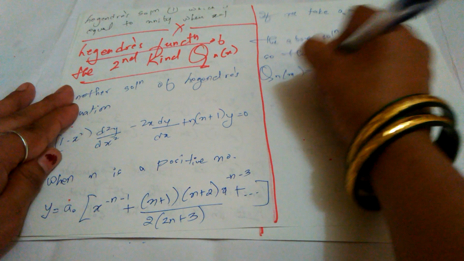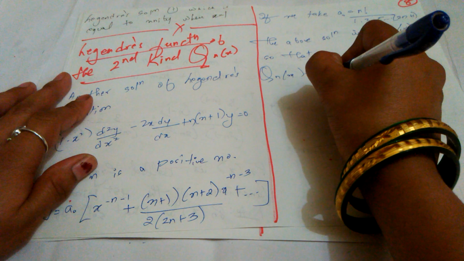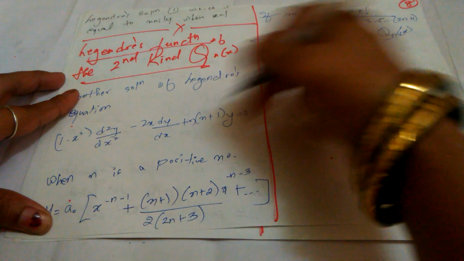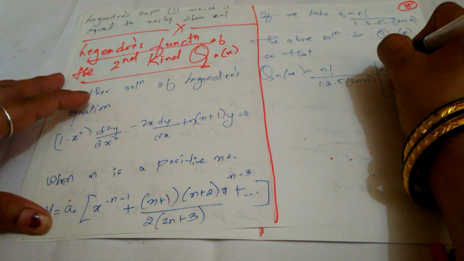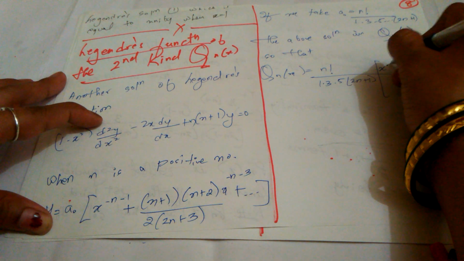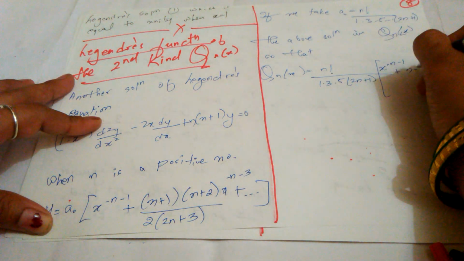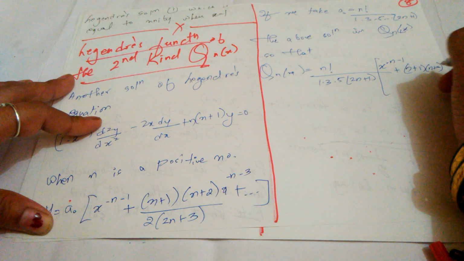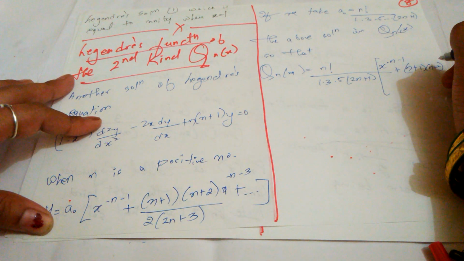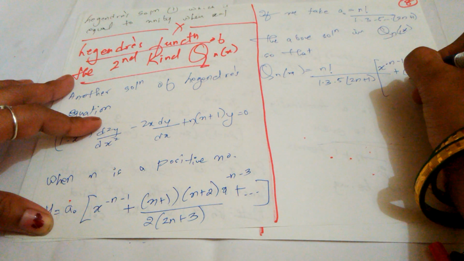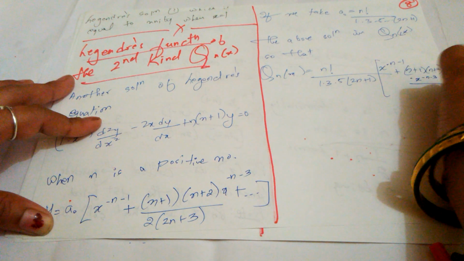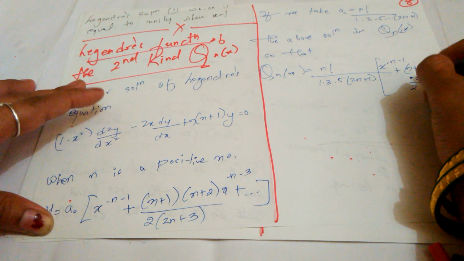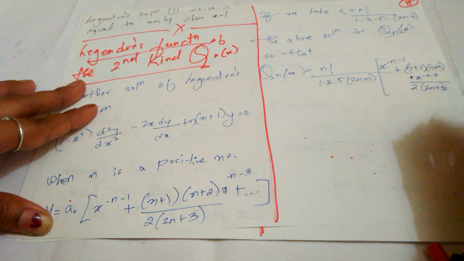It will equal n factorial upon 1 into 3 into 5 into 2n plus 1, then my whole solution, that is x raised to minus n minus 1 plus n plus 1 into n plus 2 multiplied by x raised to minus n minus 3 divided by 2 of 2n plus 3 plus dot dot dot.